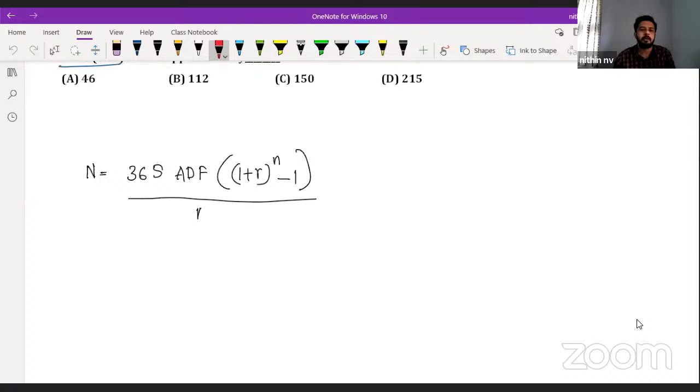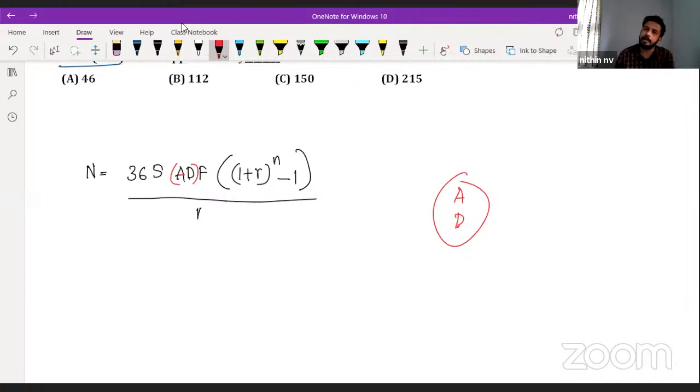Don't worry. In some solutions, if you are referring to some materials, there is no need to separately calculate what is this A and what is D. In some material, they might have calculated by combining A and D. In the equation, we have A into D. So in some solutions they will take A into D together and substitute there.